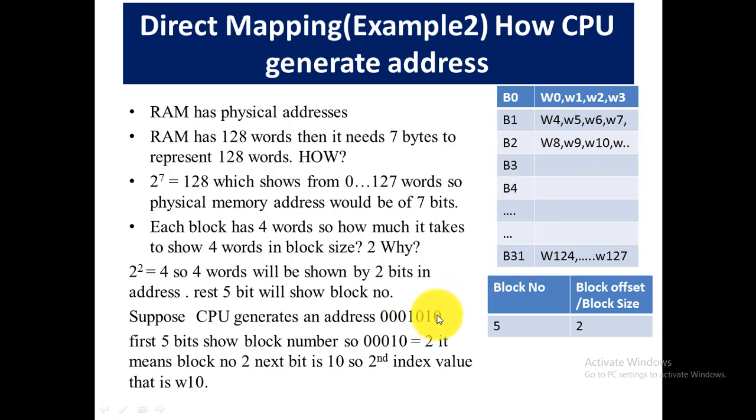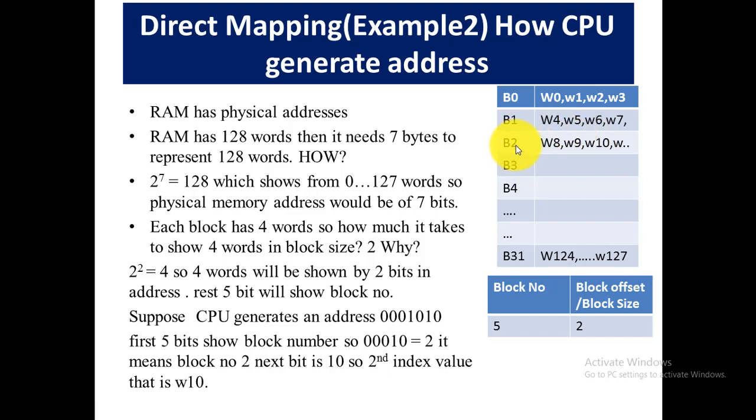The next 2 bits are 10. 10 means again 2. It means the second index, like in block number 2, the 0th index, 1st index and 2nd index. That is word 10. It means the CPU is demanding word 10 in the B2 block. The CPU needs to read the instruction of word 10 at block number 2.